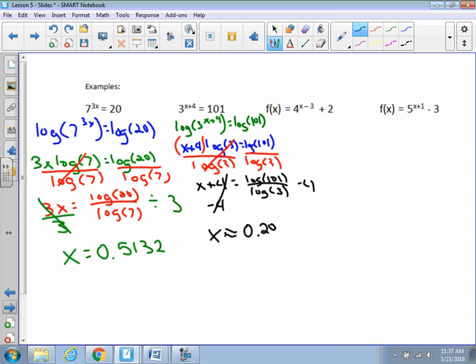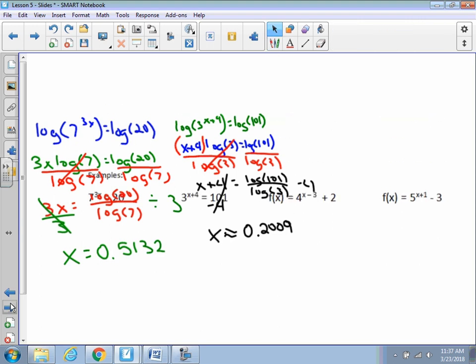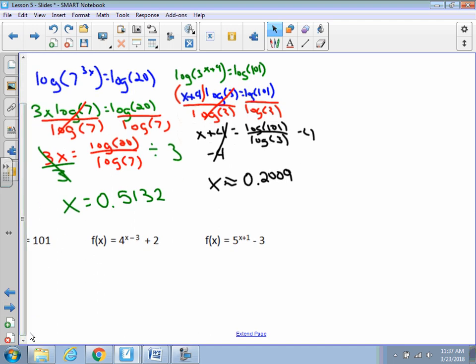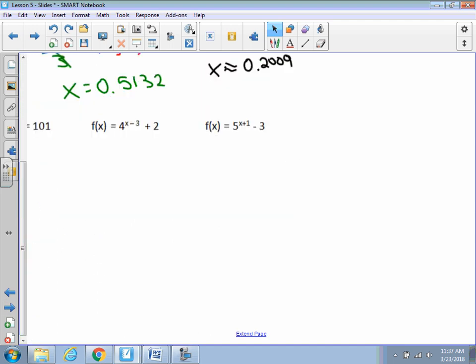All right, so for the next one, take the log of both sides. Whoops, I'm so sorry. I can't take the log of both sides because I don't have it equal to anything. So what we actually want to do is change our f of x into 0. We're trying to find the solution of x, so we're going to set it equal to 0. Then I can subtract 2 from both sides. So now I have negative 2 equals 4 to the x minus 3. Now I can take the log of both sides.